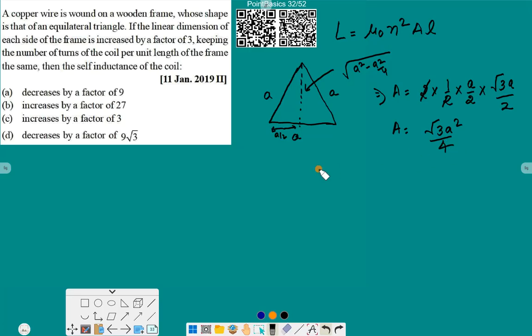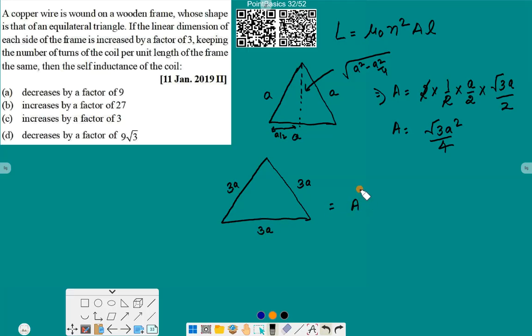This is the initial area. Now we increase each side by a factor of 3, so each side becomes 3a. This is 3a, this is 3a, this is 3a.